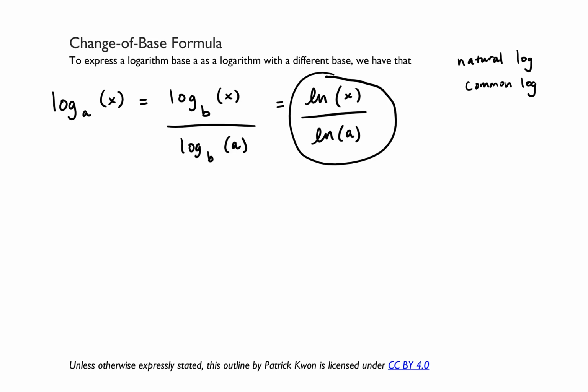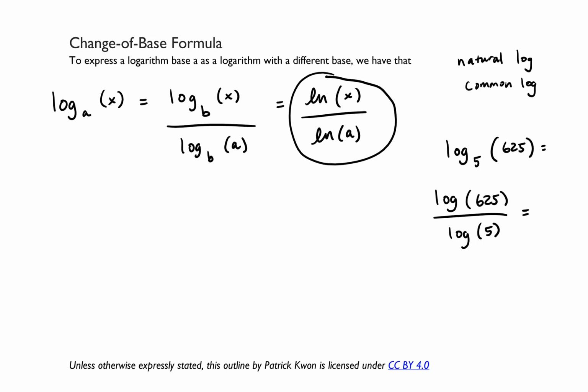So let's say you wanted to evaluate log base 5 of 625. Now, if you look at your calculator, a lot of calculators don't have a button for base 5. And so you could rewrite this as the common logarithm, log base 10 of 625 over log base 10 of 5, and then you could get your answer that way.